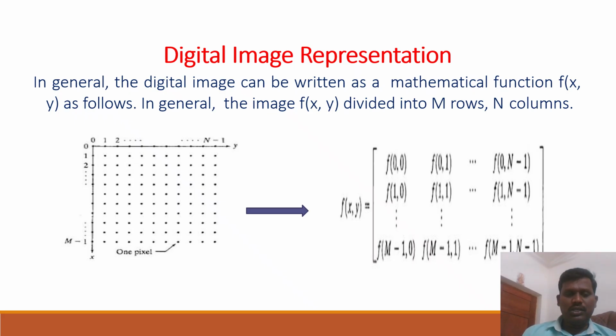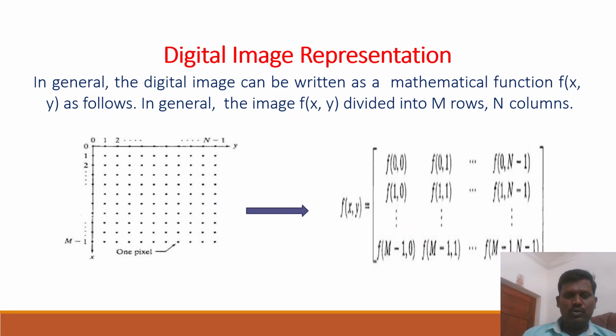Here the light intensity values are called gray levels, and the location of each point is represented by coordinates. We have an x coordinate and a y coordinate, where x is 0 to m minus 1 and y is 0 to n minus 1, so that the number of pixels in the image becomes m comma n. That is m rows and n columns.